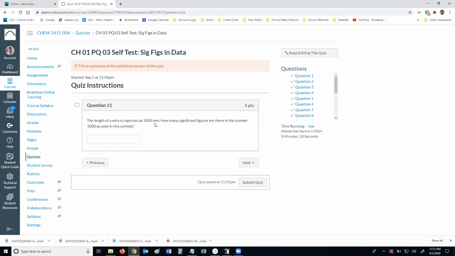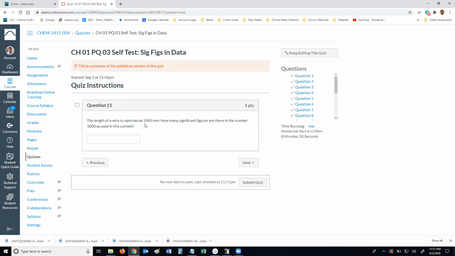But that 20 was an exact number. It was a count of discrete objects, in that case, students in a classroom. But this is a physical measurement. You don't count millimeters, you measure them. And so we can't tell, just by looking at it in that way, how many figures are significant. You know, how precisely was that 1,000 millimeters determined? Okay, I don't know in that form.